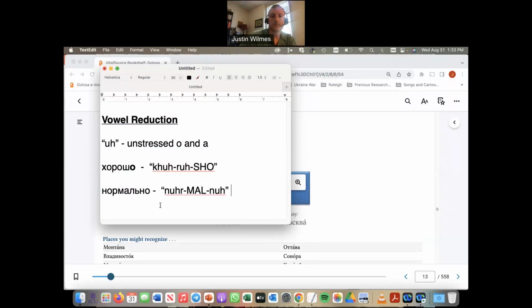Now, a common sort of mispronunciation, I guess, in first year Russian: a lot of first year Russian students will say "normalno," pronouncing all the O's fully.